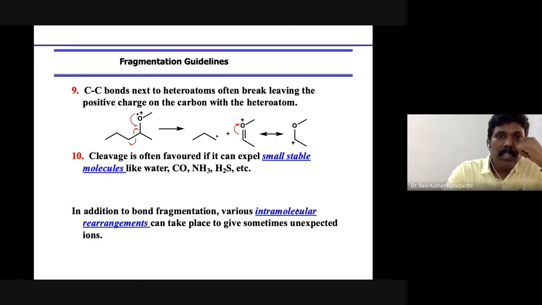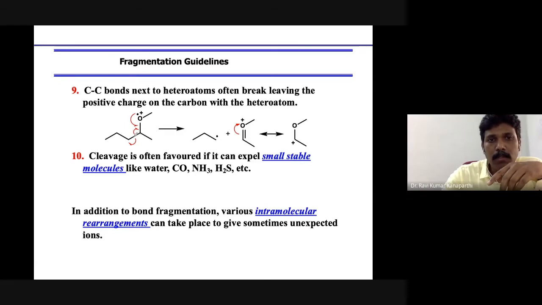Then the CC bond next to the heteroatoms often breaks to leave the positive charge on the carbon with the heteroatom. For example, if you have this type of ether, this is the bond where the heteroatom is connected to the carbon.